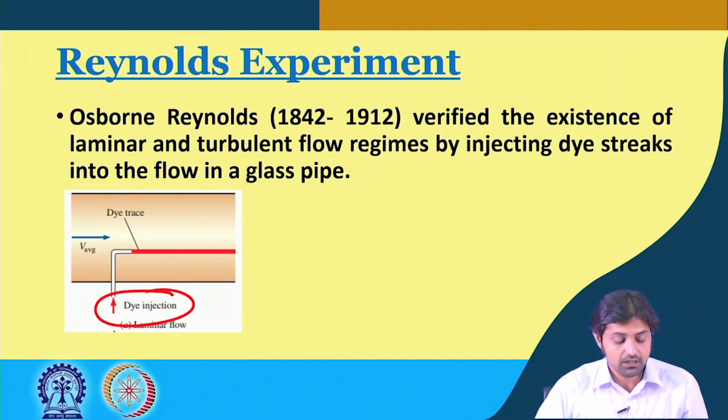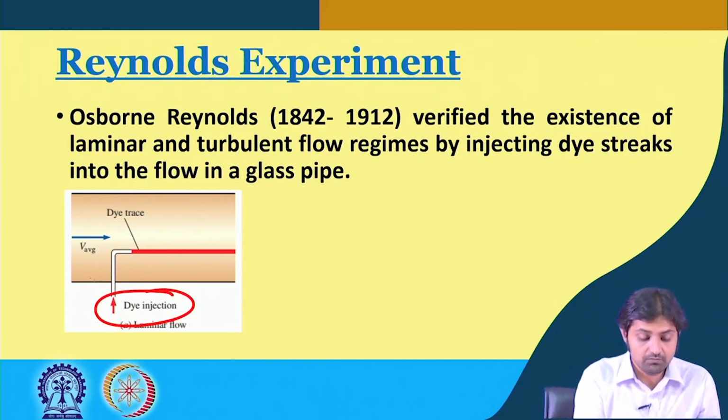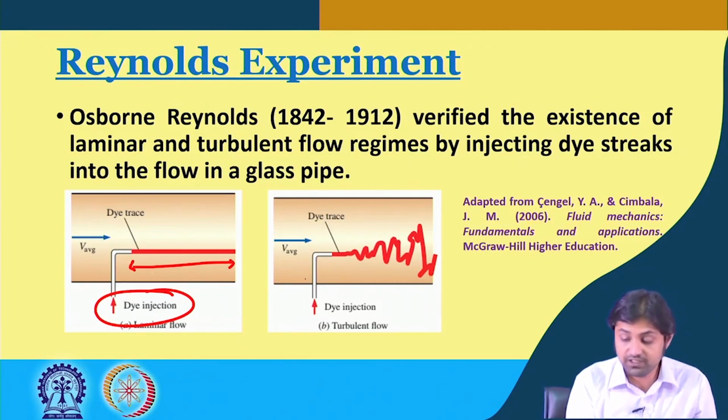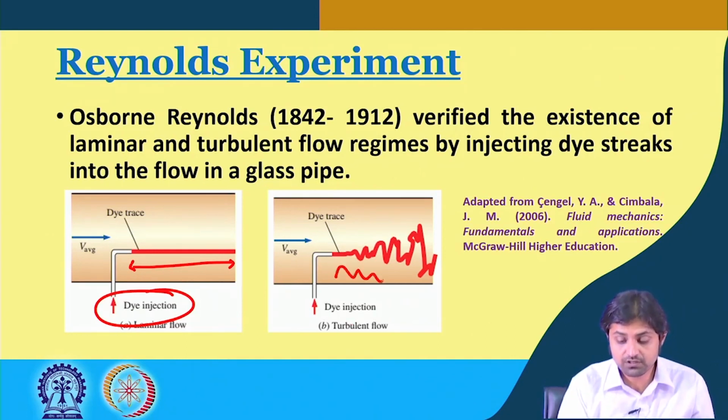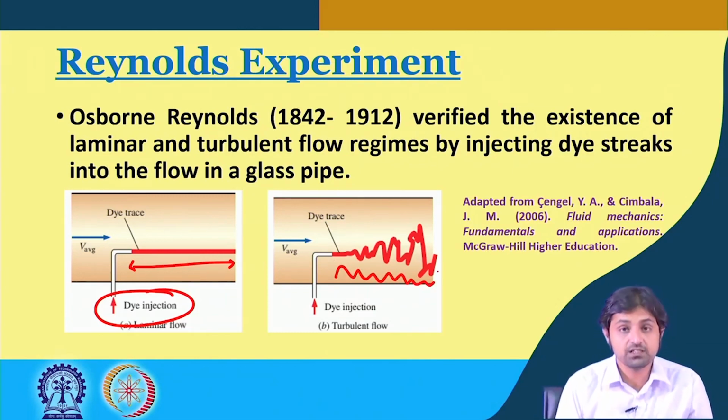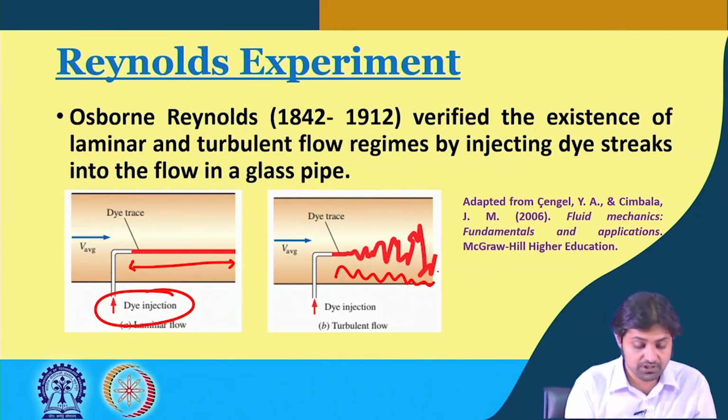At a certain velocity, the dye had a movement like this, but when he increased the velocity, the dye tracer started having fluctuations like this, as you can see. This was a clear indication of the existence of laminar and turbulent flow regimes.